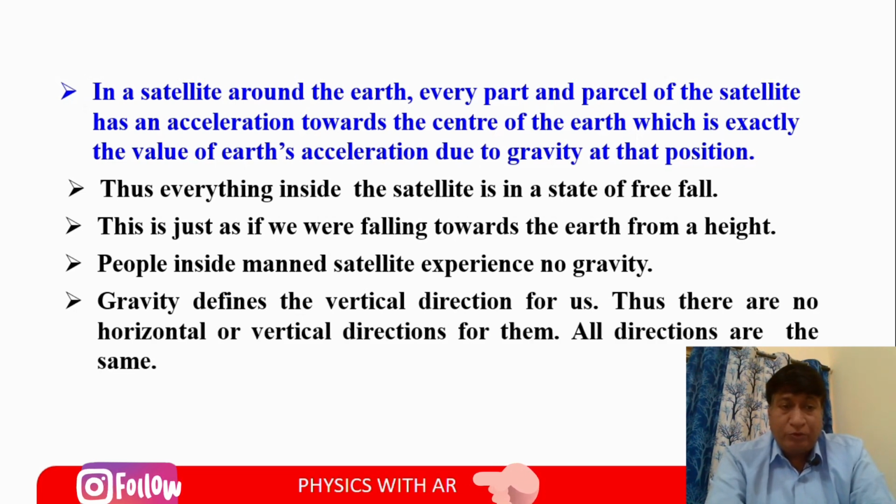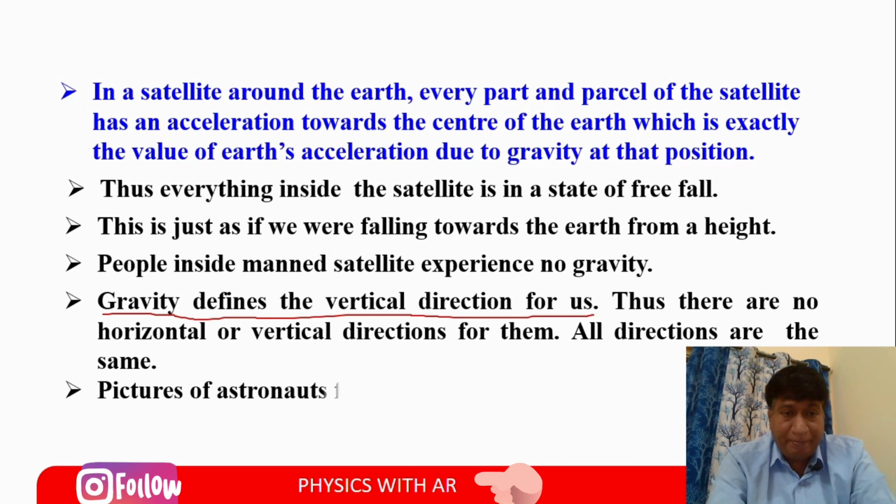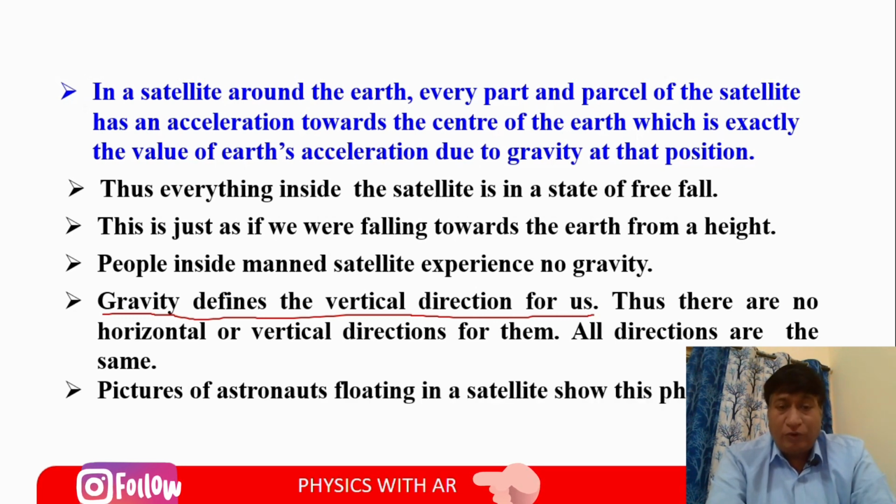This is one important point. Here gravity defines the vertical direction for us, but there is no horizontal or vertical direction for them, all directions are the same. Pictures of astronauts floating in a satellite show this phase.